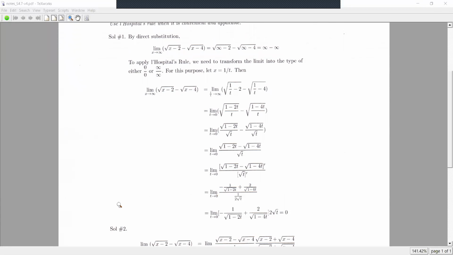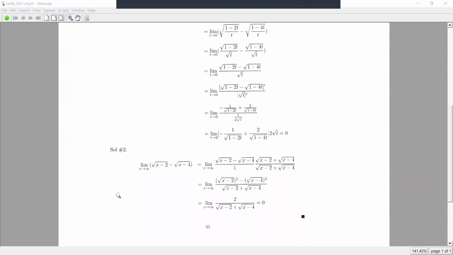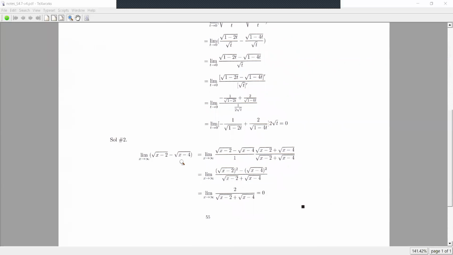Solution 2, I don't use L'Hopital's rule to solve the problem, but use the algebraic conjugate. The solution by algebraic conjugate is much simpler than the solution by L'Hopital's rule. Now I want to find this limit. This is a minus b. So for a minus b, the algebraic conjugate is a plus b. So multiply the numerator by a plus b.